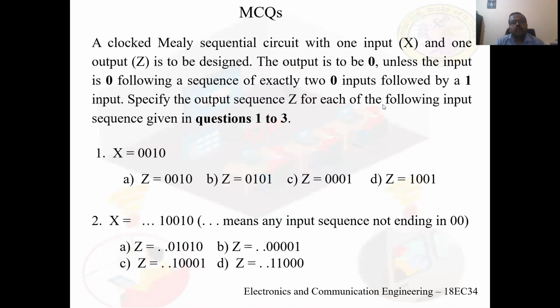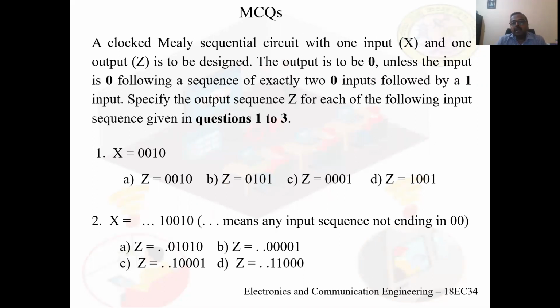Now we'll look at multiple choice questions. The question given here is: a clocked Mealy sequential circuit with one input X and one output Z is to be designed. We need to design a sequence detector of Mealy type.